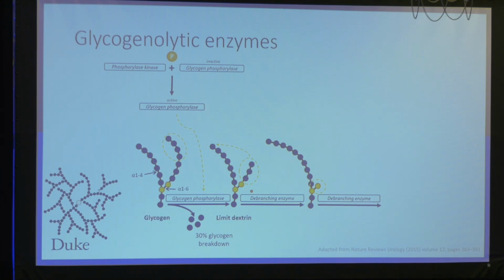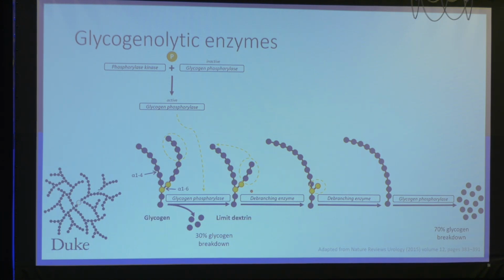So whenever we're thinking about therapies, we need to be considering that both these domains of this debranching enzyme are doing the job. And then when you have this long chain, phosphorylase, the enzyme that's deficient in GSD6, completely breaks it down. So once again, by fixing one part of the pathway, we've got to understand what it's doing to the rest of the pathway.